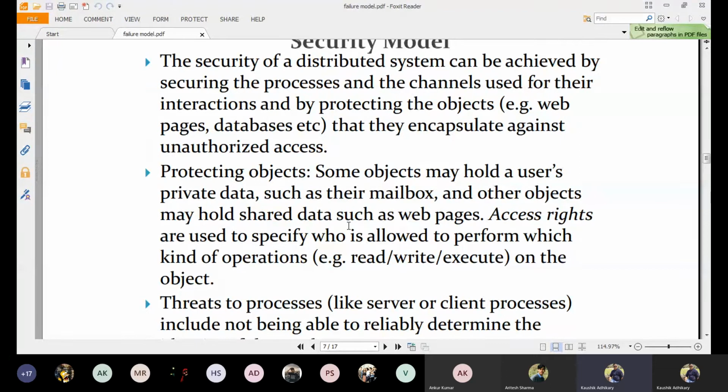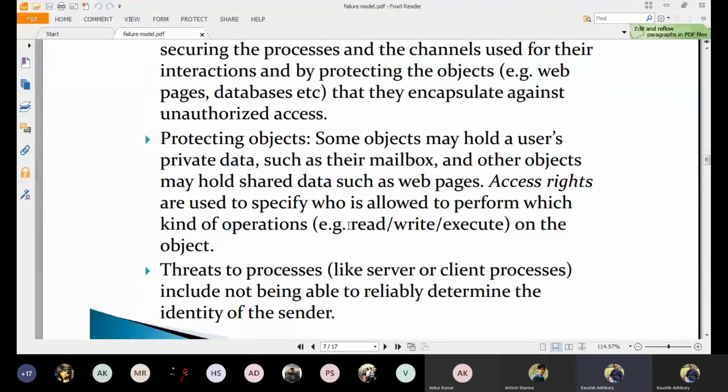It means everyone should have some access right. Every user should have some access right. For example, we have a right to open our mails. We have a right to compose our mails. So these are some rights which are given to everyone.